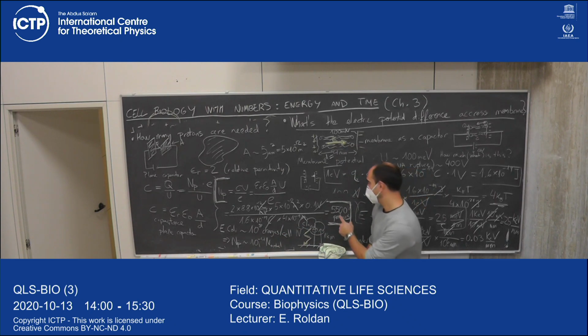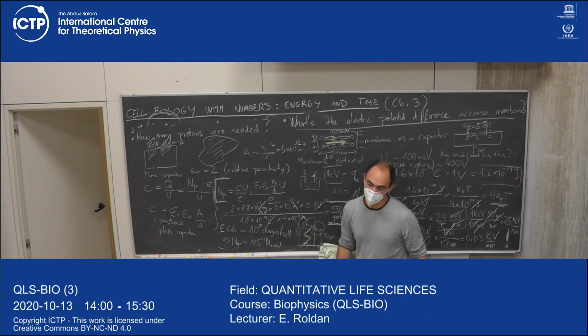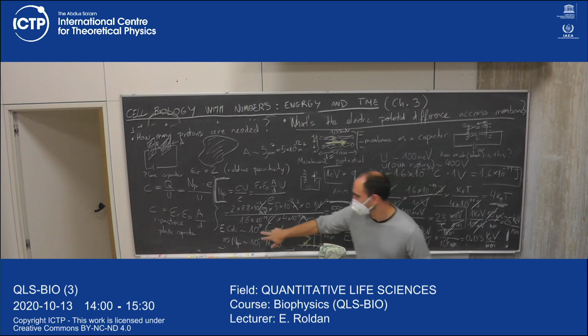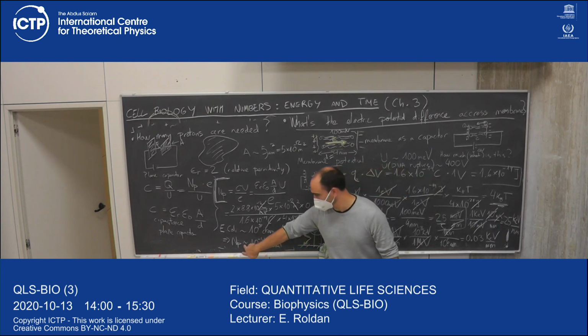Okay. But you only need 10 to the 4 to create the membrane potential. So you need to invest around 10 to the 4 of the total. A small fraction. I just did this divided by this. And roughly, of course, I'm putting this.